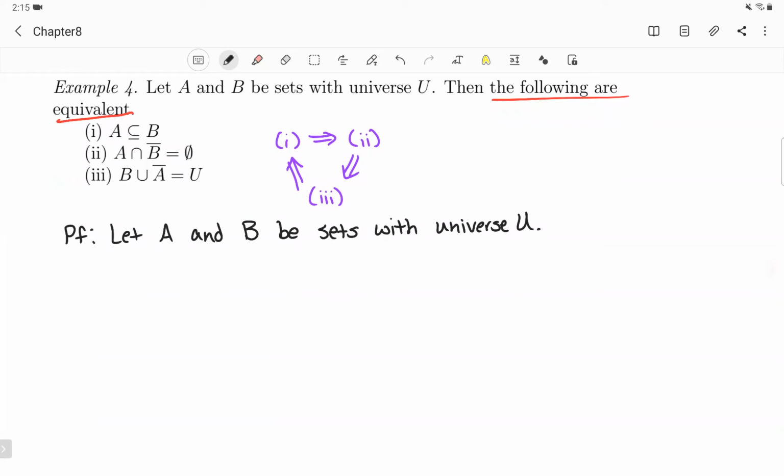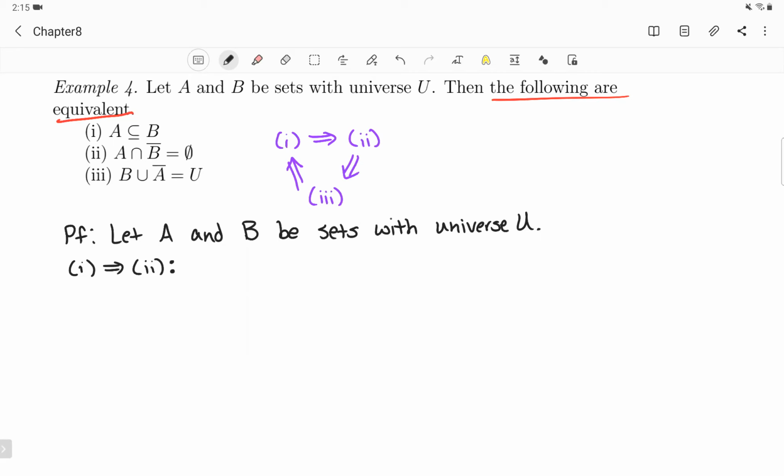So that's everything that's allowed. All right. So let's notate what we're doing. So we're going to do 1 implies 2. Sometimes people notate it, sometimes they don't. For our purposes, it'd be good to help keep track of what we're doing.